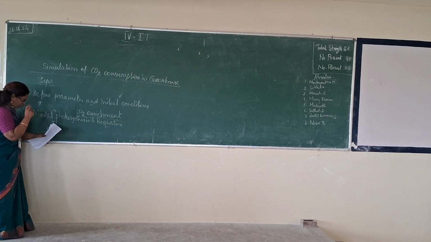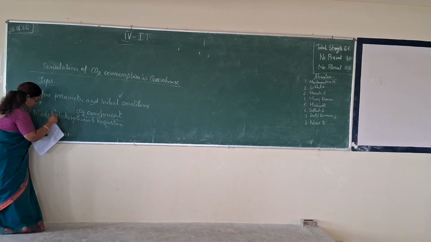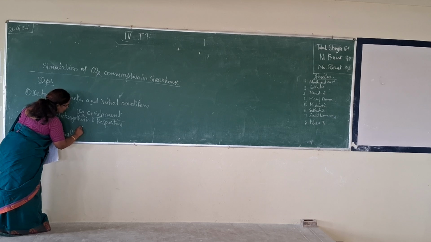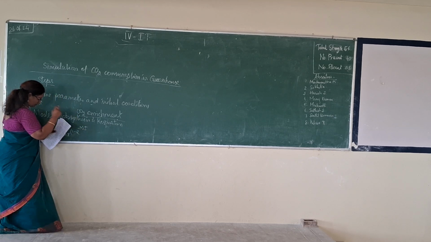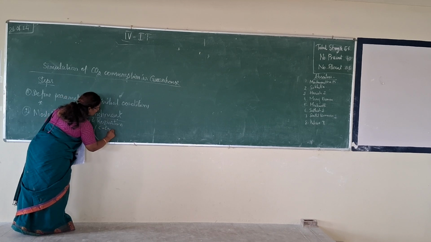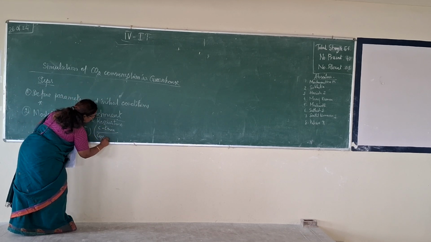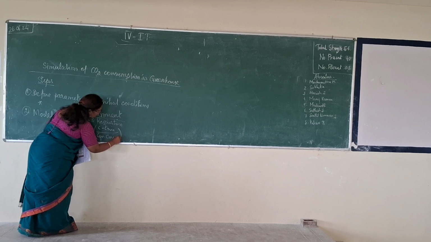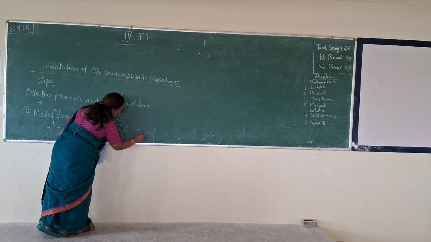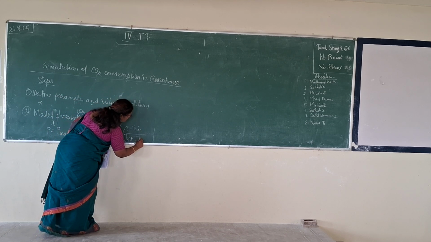P is equal to P max of 1 minus e to the power minus alpha I, into C minus C min divided by C optimal minus C min, into T minus T min divided by T opt minus T min.